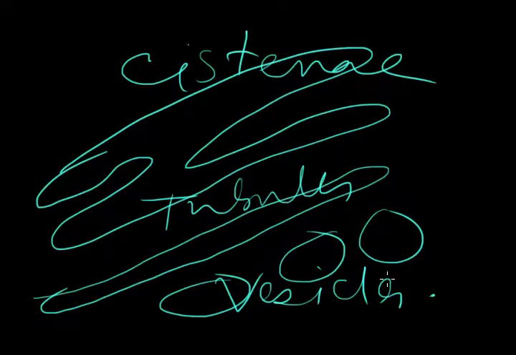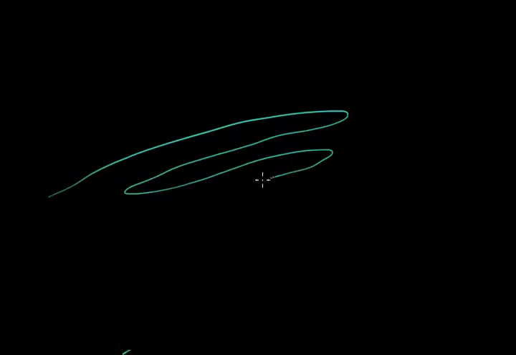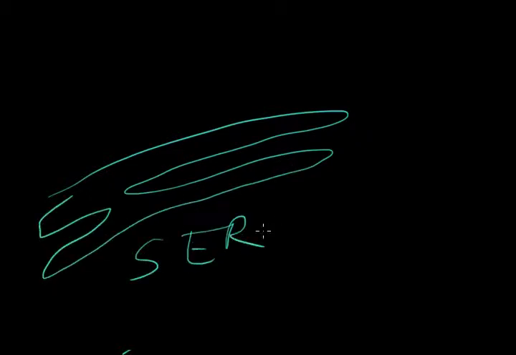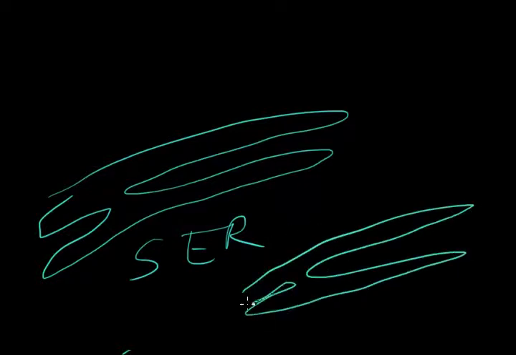If you carefully observe the cisternae of two types, cisternae of SER and cisternae of RER, they seem to be like this. This is the cisternae of SER without ribosomes on it, and this is the cisternae of RER possessing ribosomes on it.